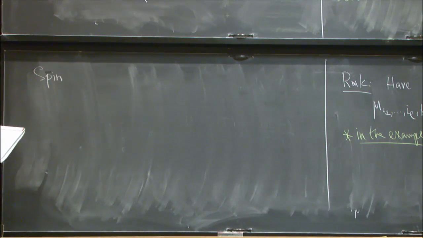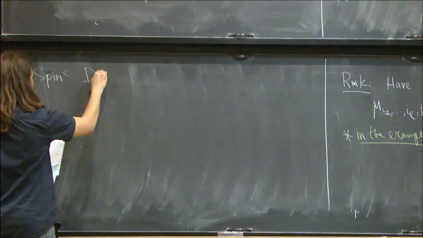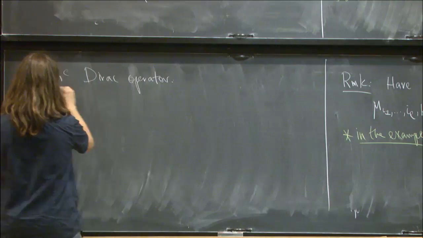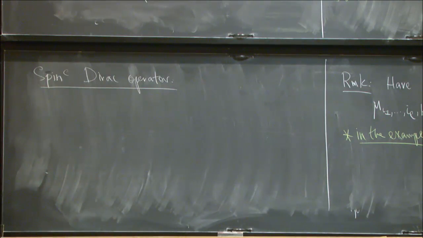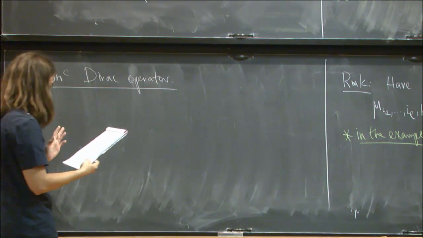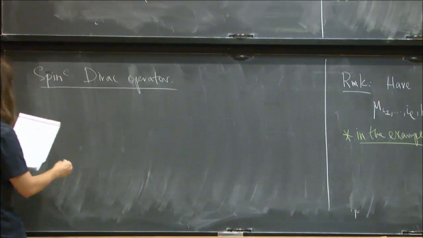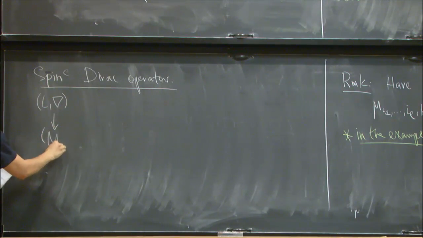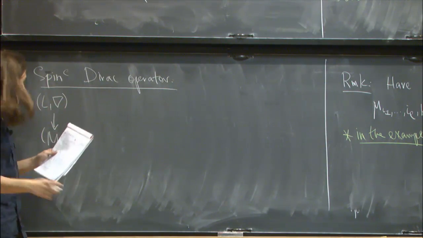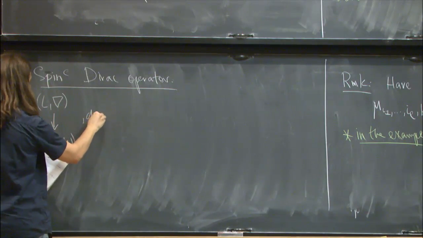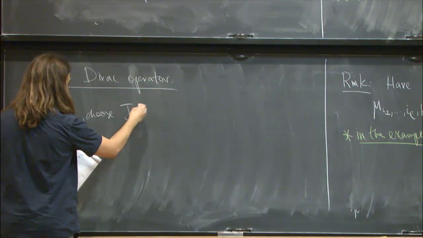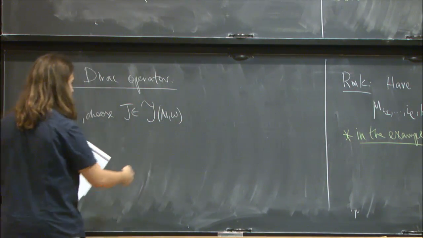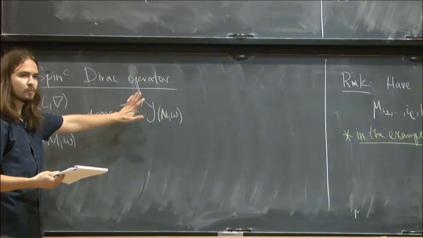All right, so now comes the main tool in this business, called the Spin-c Dirac operator. Let me say the following. So we have a prequantization (L, nabla) of (M, omega), just like there. And we choose J, a compatible almost complex structure.